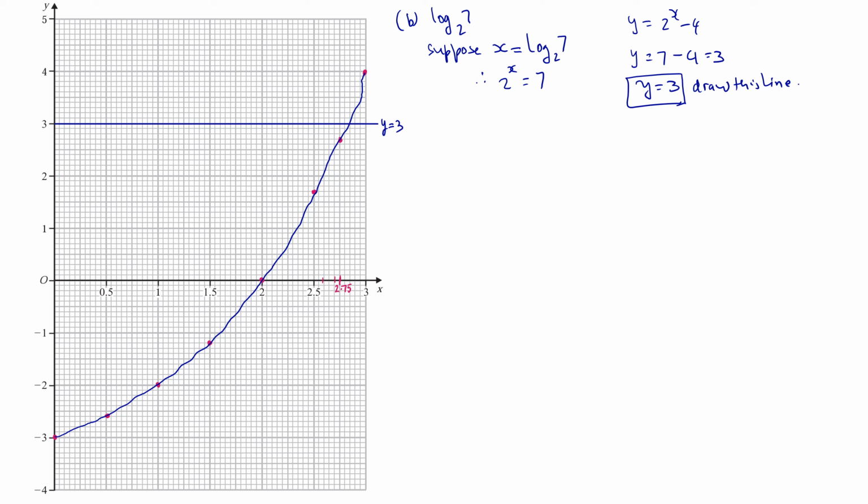Once we know y equals 3, log to the base 2 of 7 is equal to x. So what is the value of x? If we can work that out, then we should have the answer. It's clearly this line according to my drawing, which is 2.85.